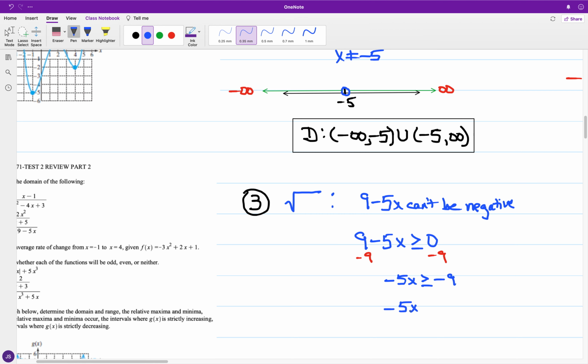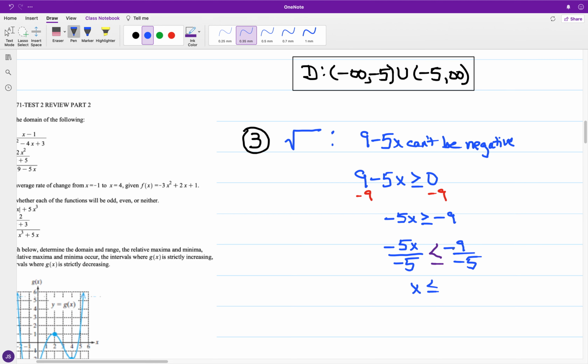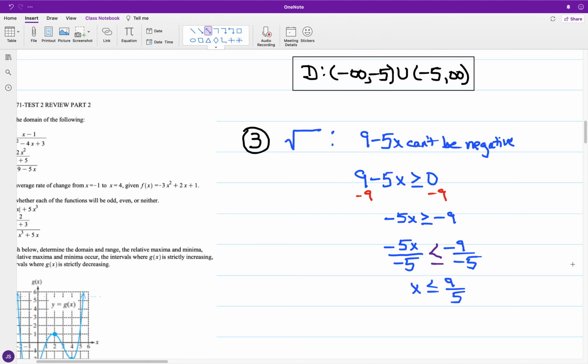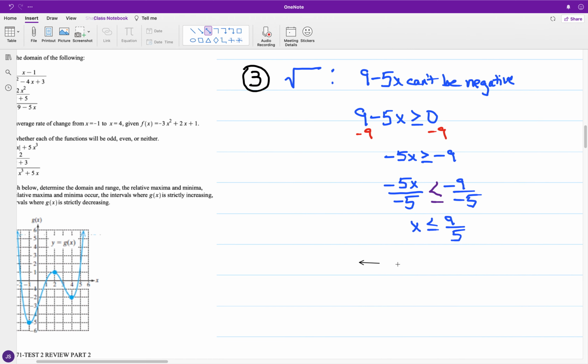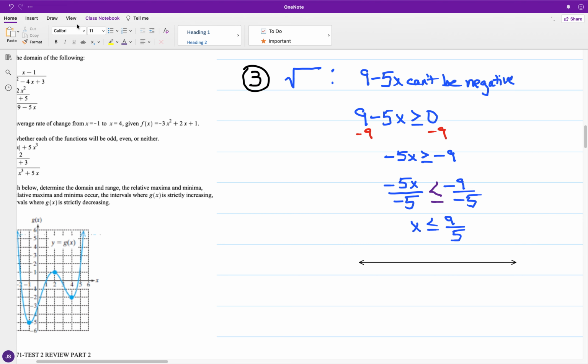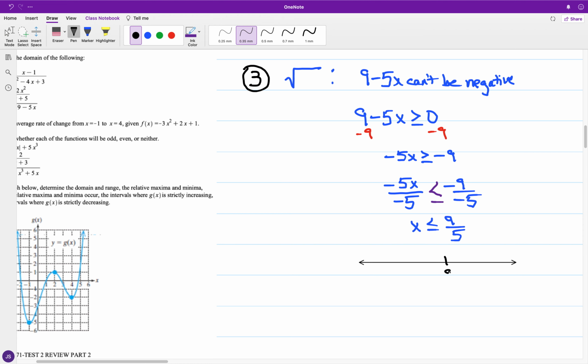In this case, x is less than or equal to, and a negative over negative is a positive, 9/5. So the domain is defined by x less than or equal to 9/5, and 9/5 is included, so you have a solid point.